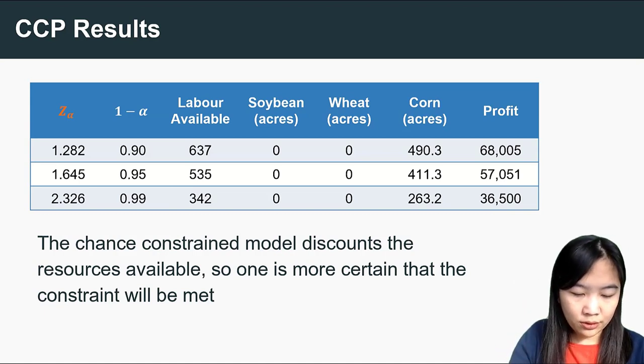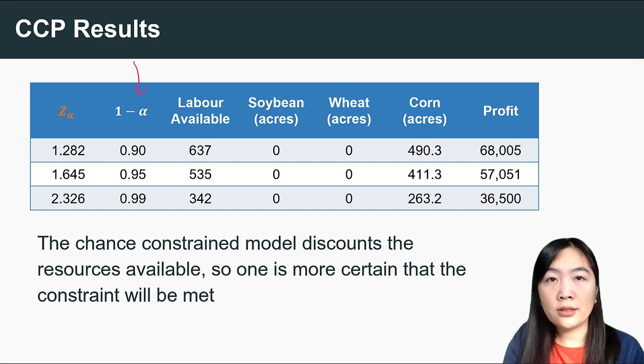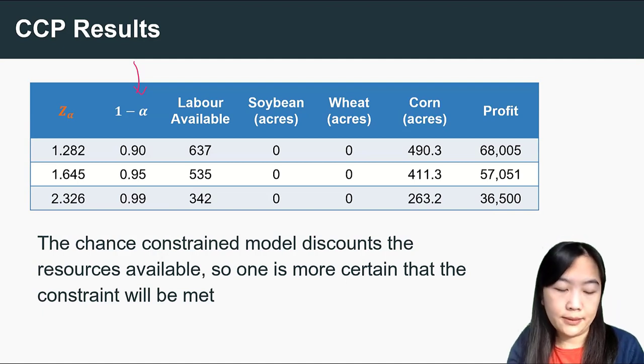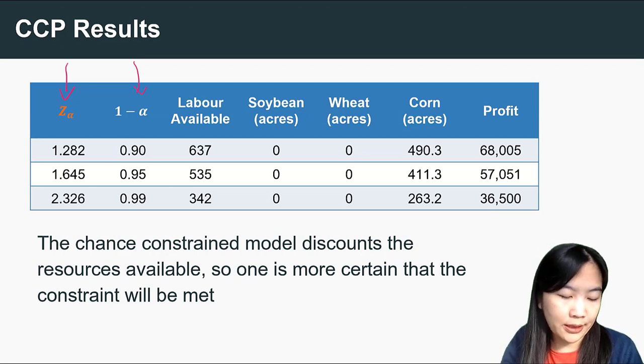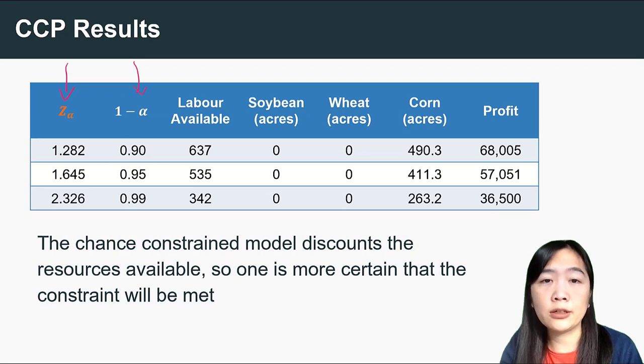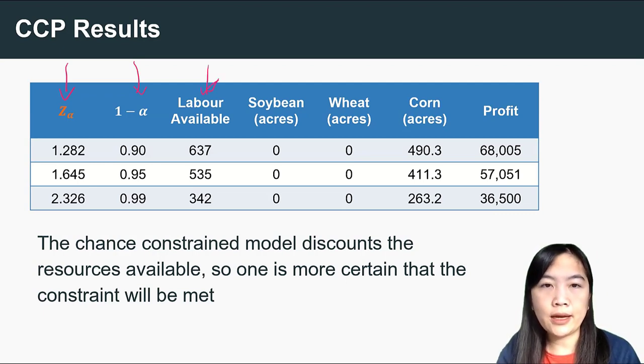So let me explain to you here first. You find your alpha value, then you can calculate your 1 minus alpha. And once you calculate that, then you can use the table provided in this course or any other critical value table for normal distribution, then you will be able to get your Z alpha value. And for different Z alpha values, we showed in Excel how you can calculate the right-hand side value corresponding to those different Z alpha values.